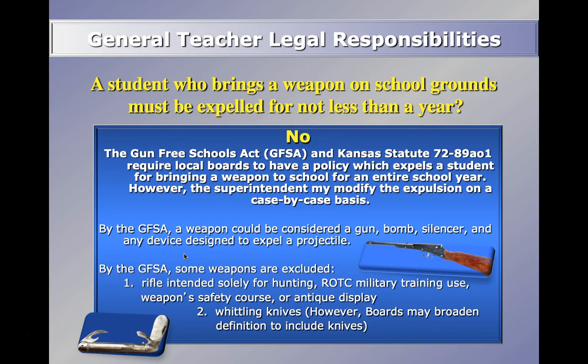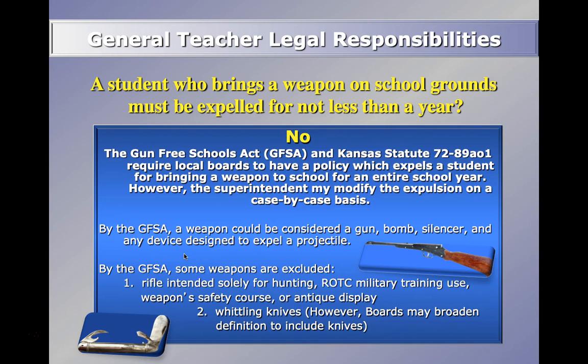That is, we have some ROTC programs where kids use guns in schools, but most of our schools don't have weapons on campus. A weapon can be considered a bomb, a silencer, or any device that's designed to expel a projectile at a velocity that would injure someone.